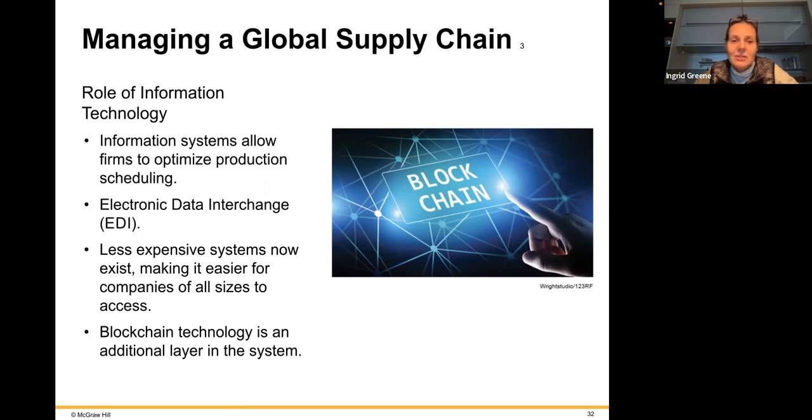Blockchain technology is an additional layer in the system, and that's really an exciting place, I think, right? Different from crypto, it's the technology behind crypto, and allows us to very quickly connect nodes and different pieces of the supply chain. Definitely a nice, quickly evolving piece of the world.